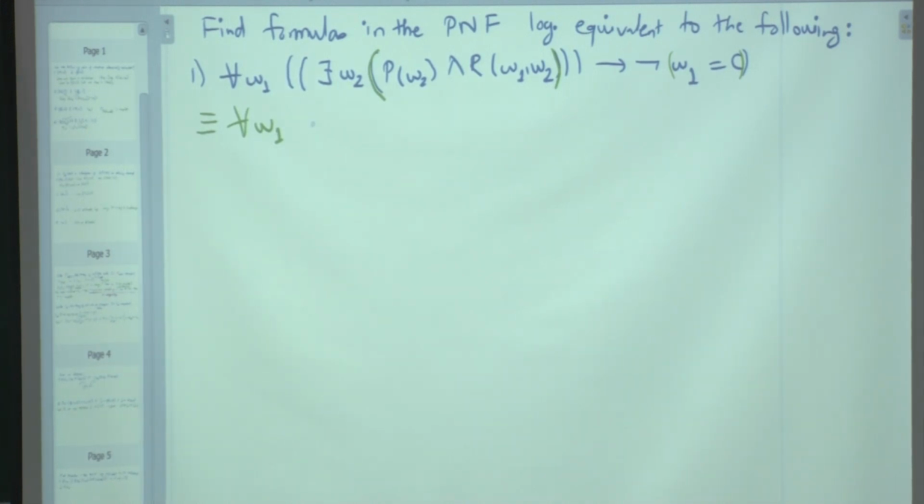And no, but that is not sufficient either. I think I have written one extra pair of, no, this is not the correct one. This is the correct one. Right, and then I am supposed to bring it out. So for all W1, for all W2, what should I write inside?